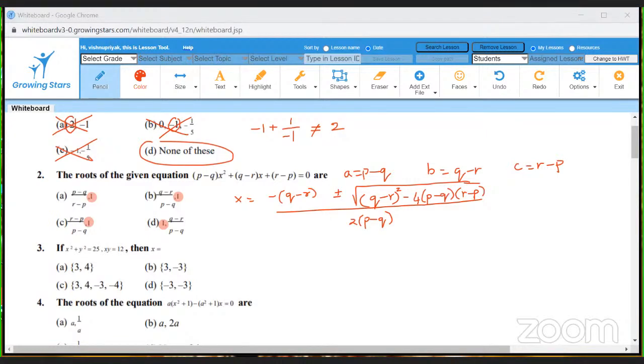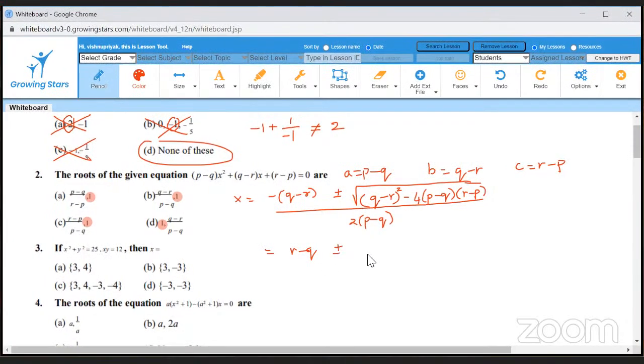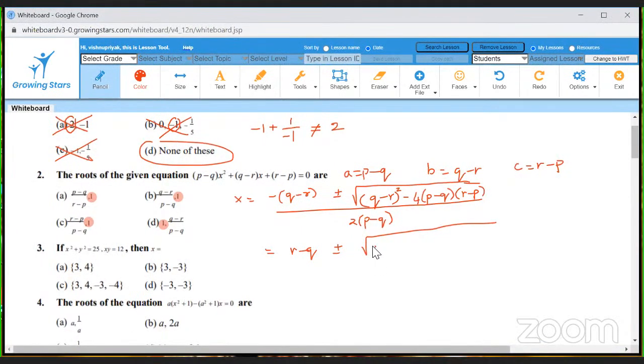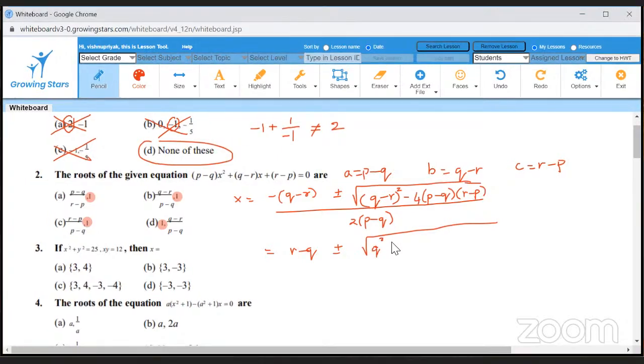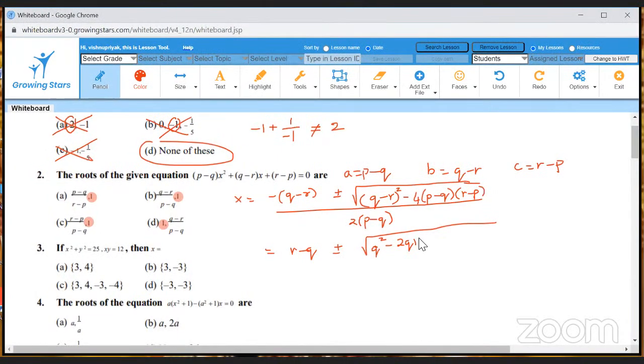First of all, I will write the outside one as R minus Q. And inside, I will expand it, because I have to take the square root. So when I expand, I will have Q square minus 2QR plus R square.